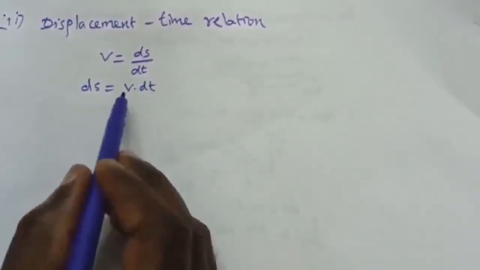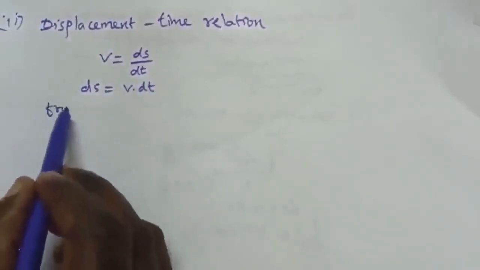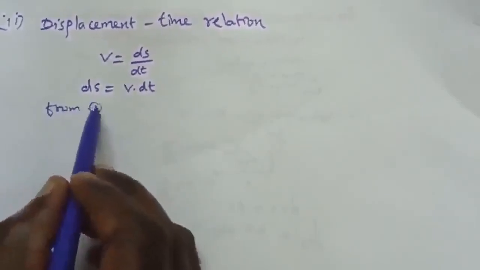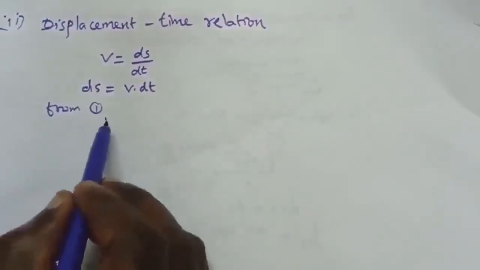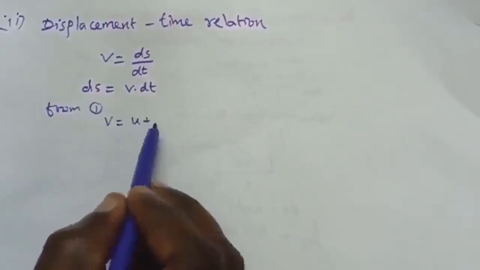Already we know from equation 1 that v is equal to u plus at.